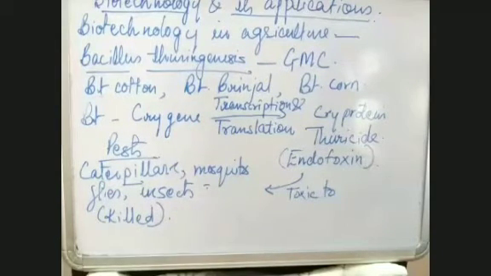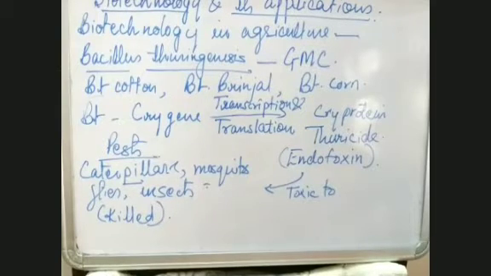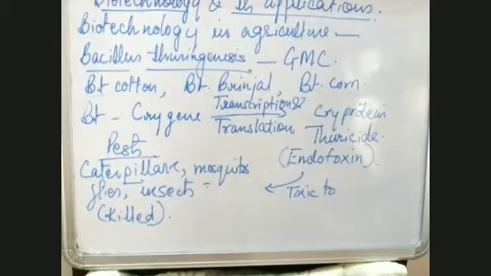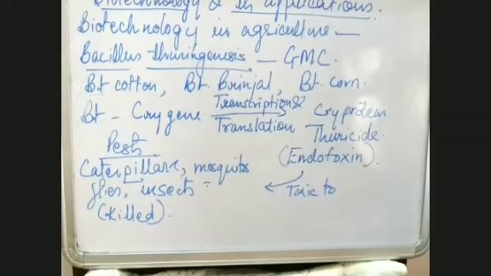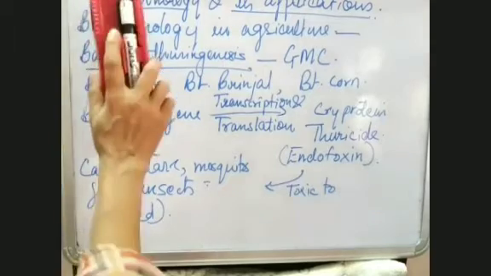Now, this particular property of Bacillus thuringiensis was used by the researchers who were dealing with biotechnology. What did they do during this process?